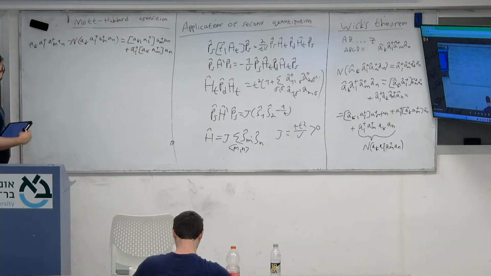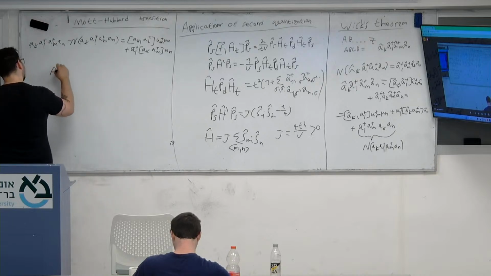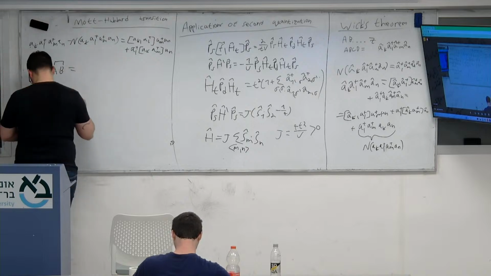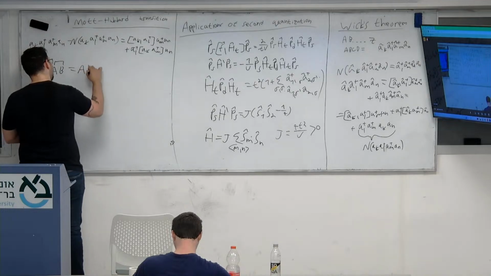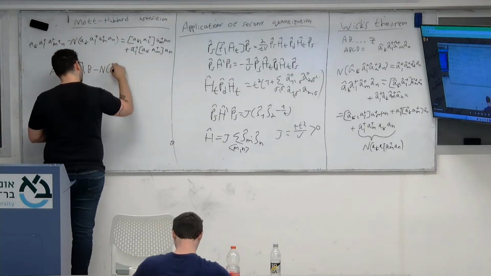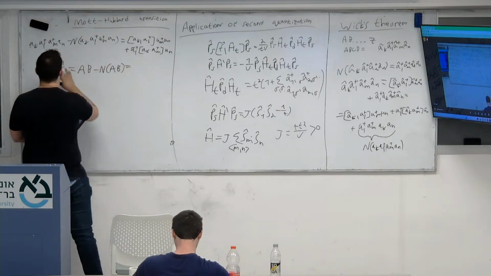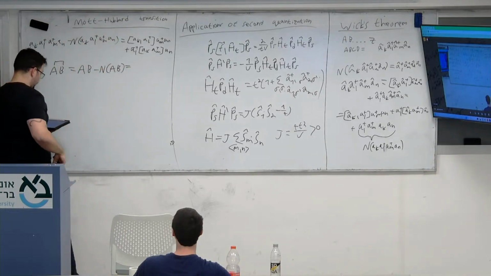Now I want to define a very useful notation, another notation called the contraction. The contraction of A, B equals AB minus the normal order of A, B. Very similar to what we have up here, just with two operators.